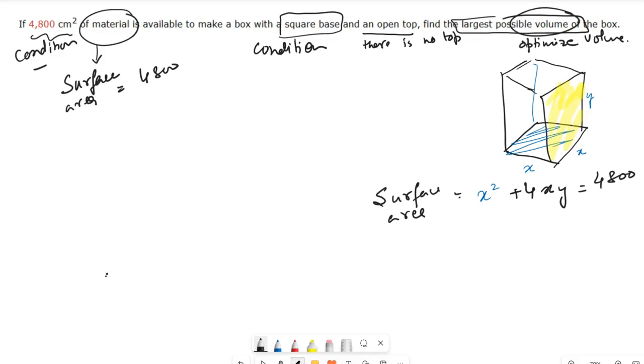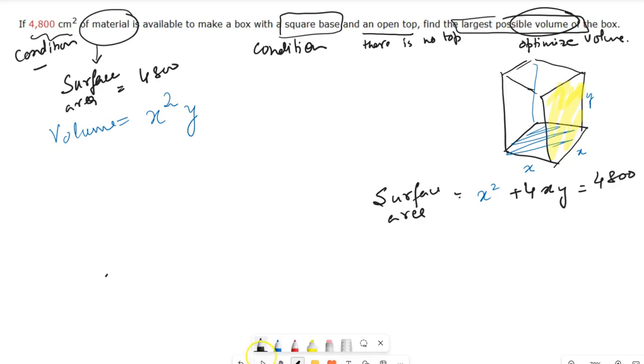And what is your volume? What we need to maximize is volume. Volume is length times width times height. In this case, both length and width are x, so x² times y. This is your volume. So before I move on, I need to make this in one variable.